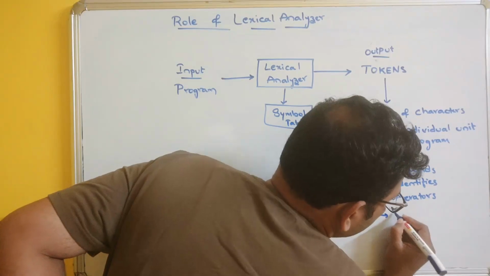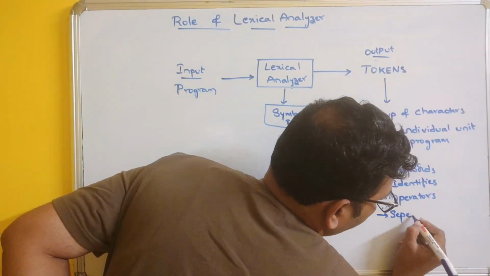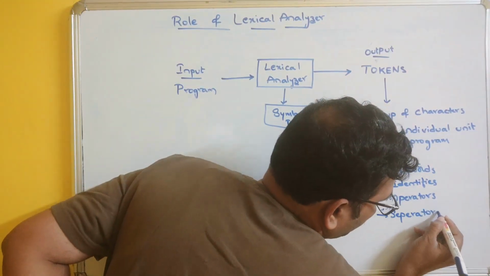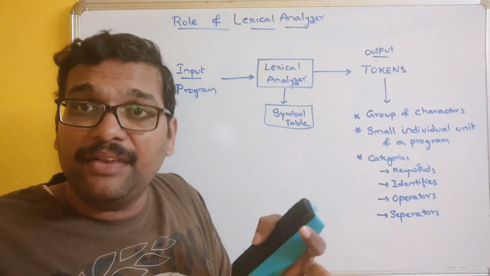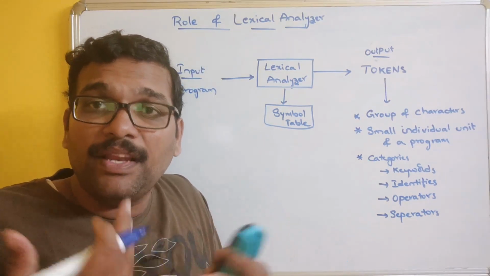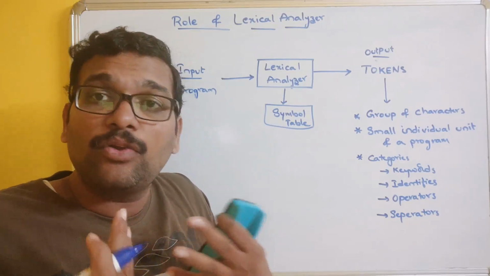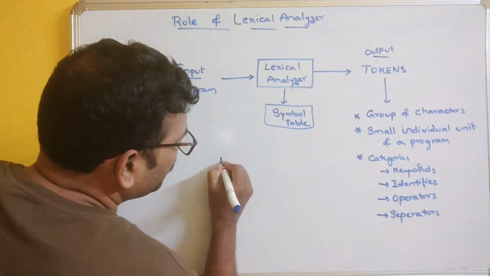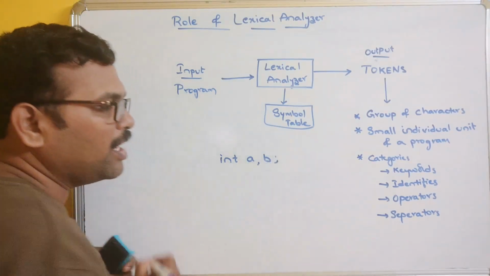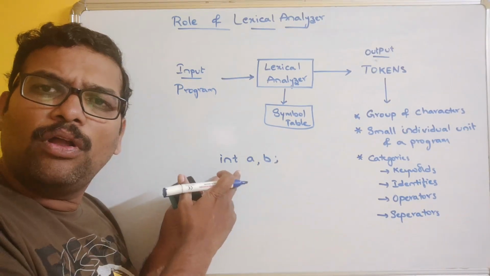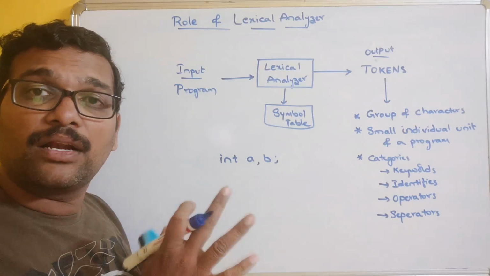And next is separators. Separators separate different identifiers in a program. For example, if we want to declare two variables, what will we write? int a comma b. This is a small statement we are writing to declare two variables.